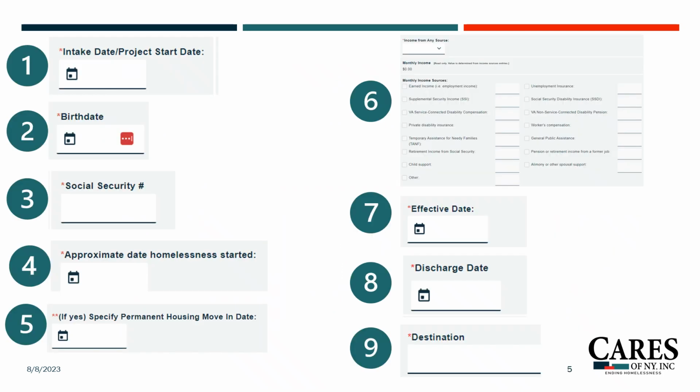Before we dive into which elements are included in each measure, it is important to note that there are 9 elements that play heavily into this report. Let's review each one. Intake date/project start date determines who was in each project at the start of the reporting period. Date of birth identifies persons over the age of 18, as well as is used to deduplicate clients.